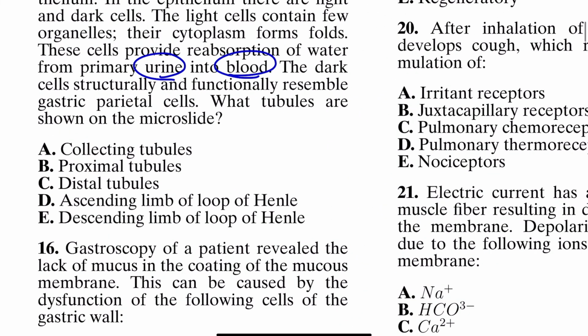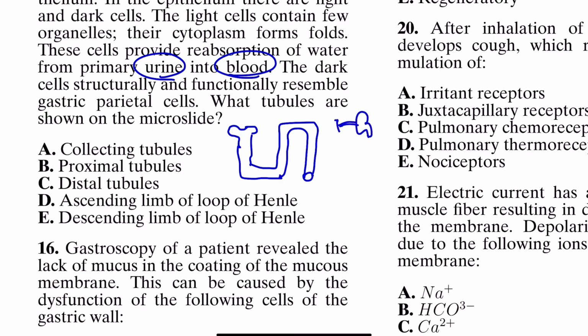If we take the histology of the nephron, the structure that will filter blood, right? It's in the kidney. This is the kidney, and a part of it is called the nephron. The nephron is the structure that will filter the blood and make urine out of it, right? So what part of the nephron?